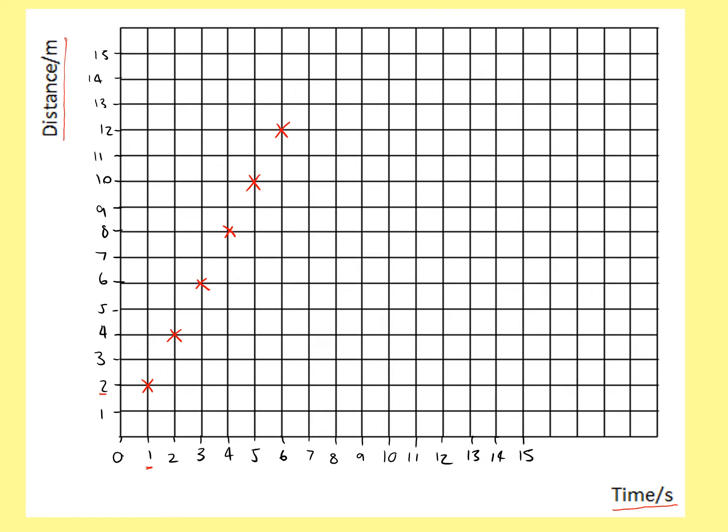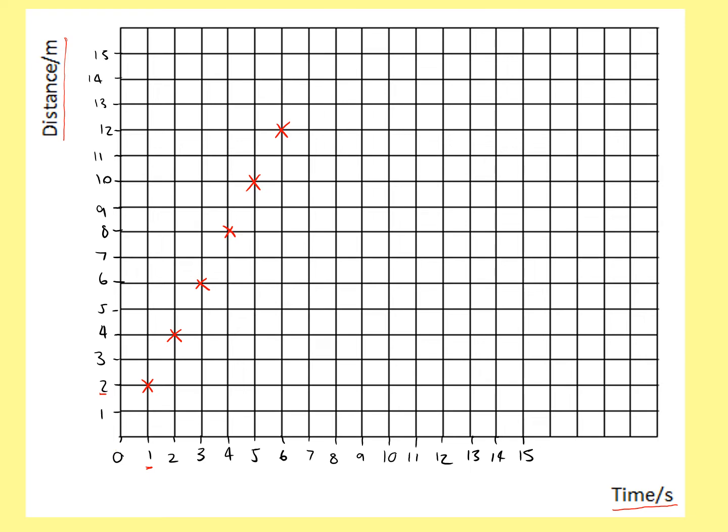So I'm now going to plot the points onto this graph. Now this graph has distance in meters on the y-axis and time in seconds on the x-axis. So using the table before, after 1 second the person had gone 2 meters, so I've put a cross there.